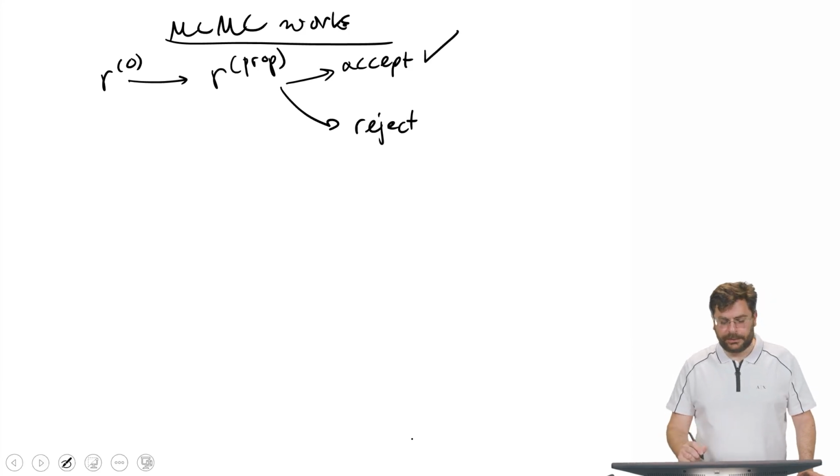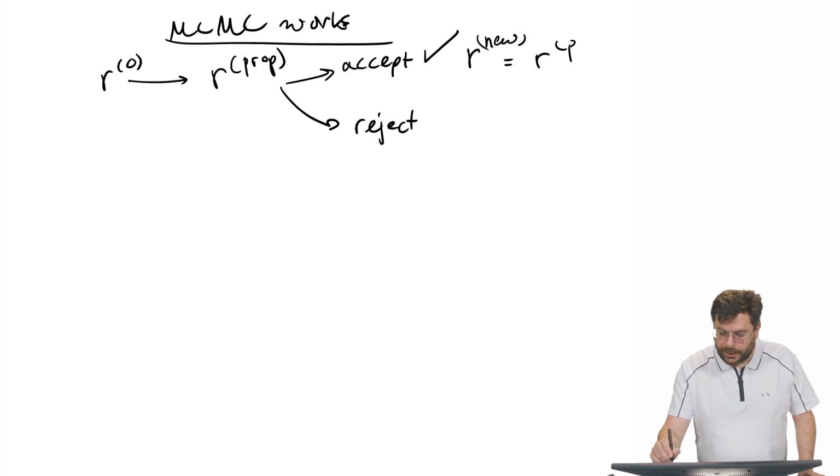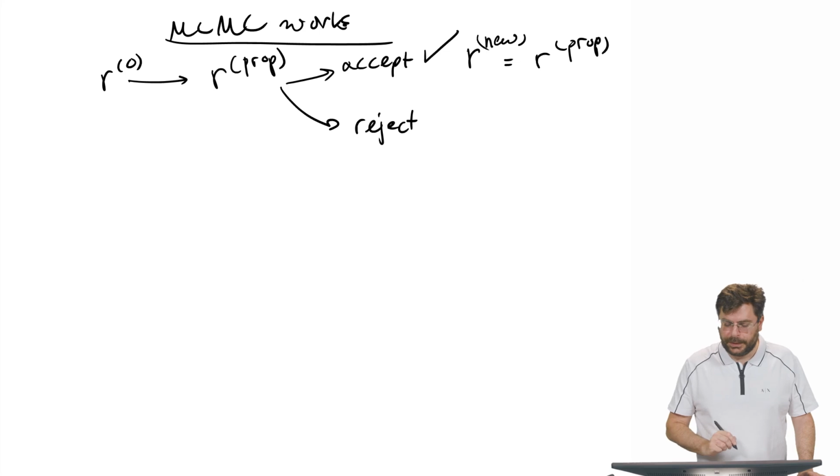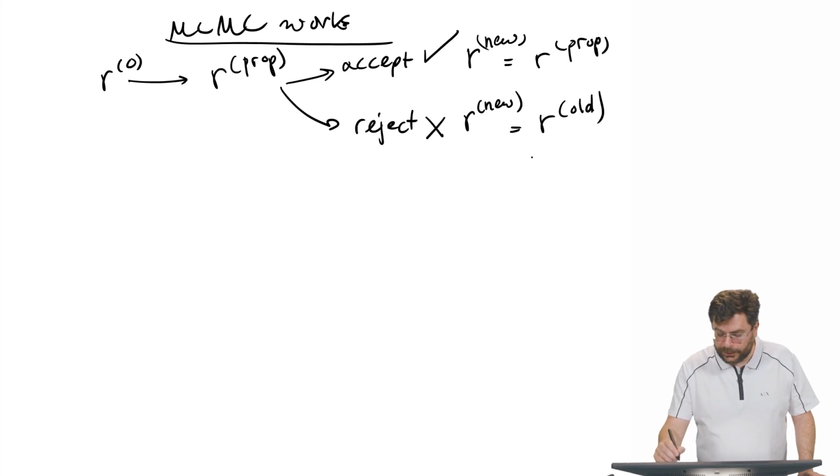If you choose to accept, then R new becomes R proposed. If you decide to reject, then R new is equal to the old R, which in this particular case, since we had just started, was R naught.